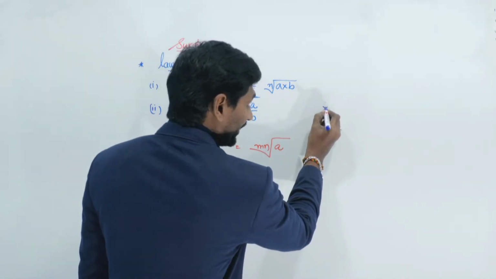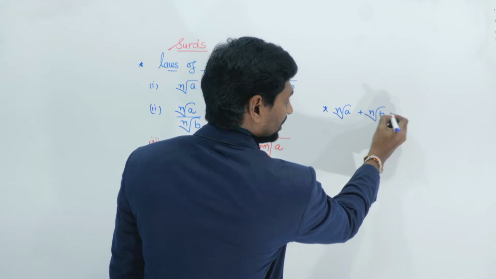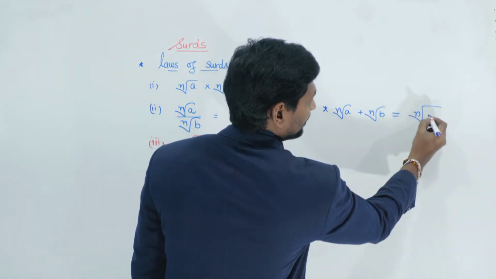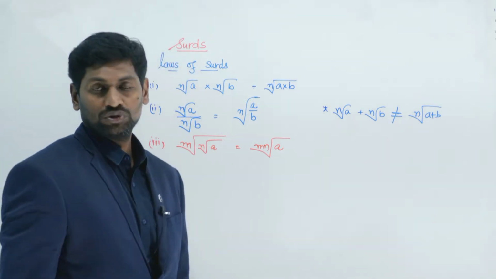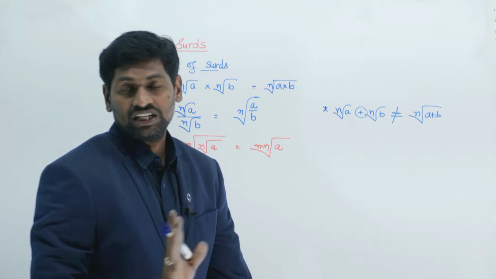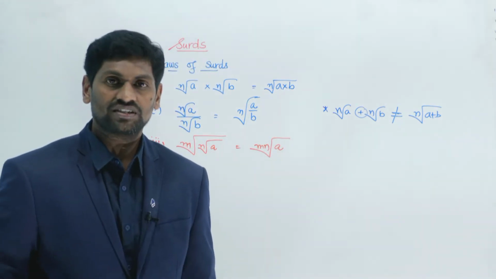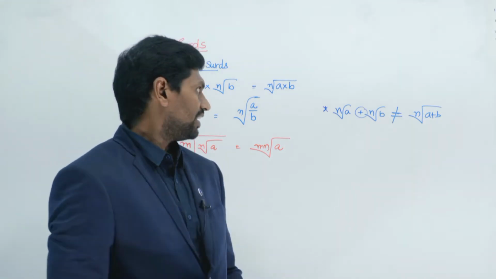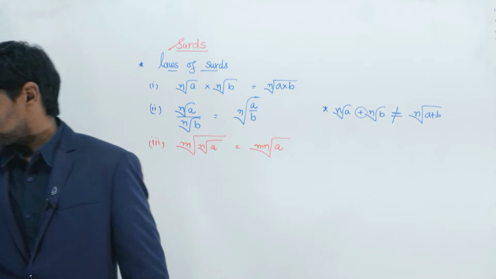But we cannot write nth root A plus nth root B as nth root of A plus B. It is not equal to nth root of A plus B. Only between the into symbol and the division symbol can we apply the laws of surds like this. Let us see some problems based on the surds.